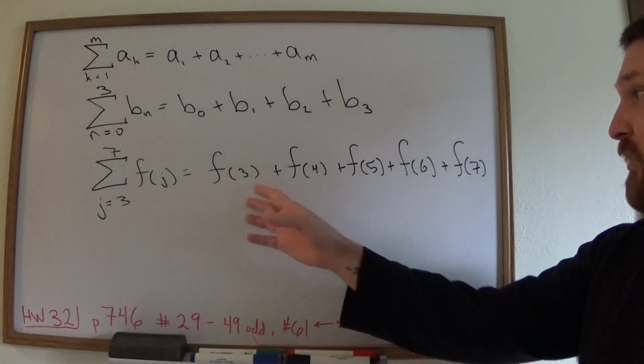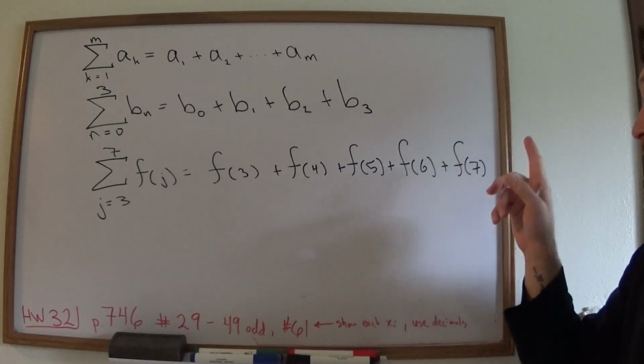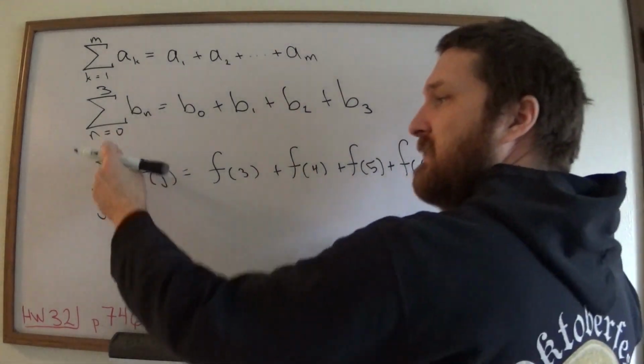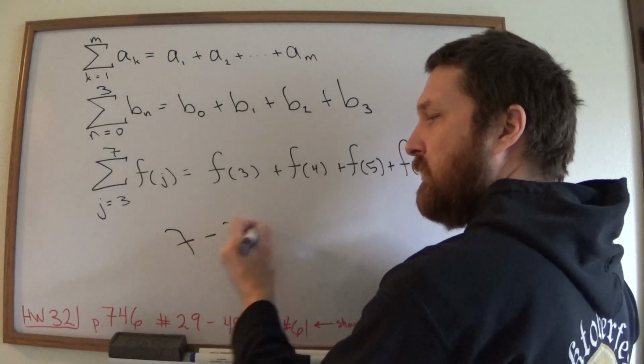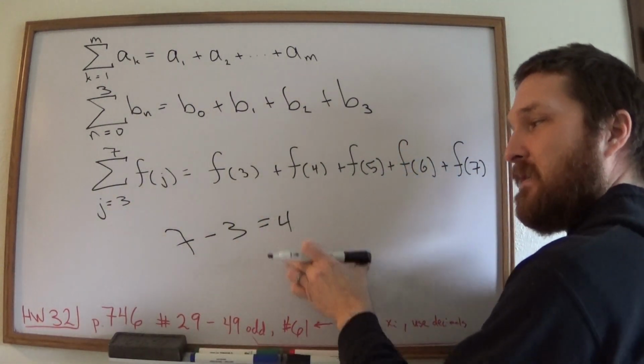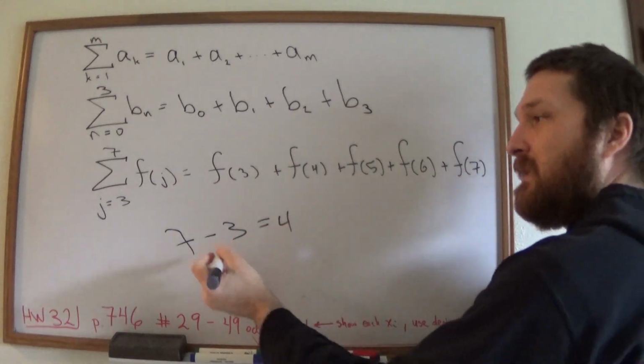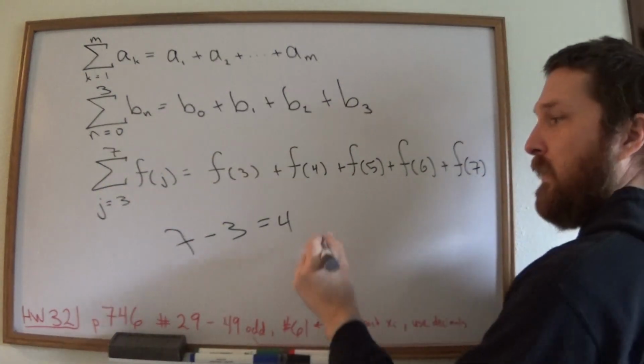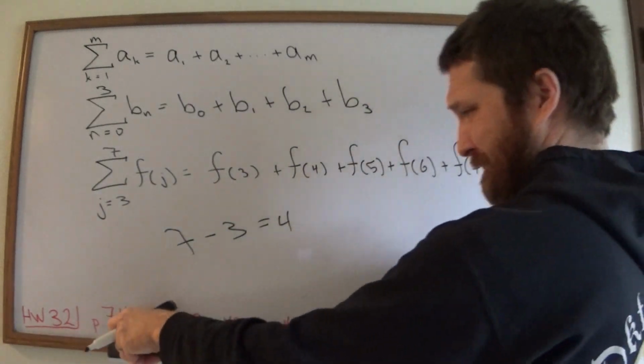Again, the total number of terms here is 1, 2, 3, 4, 5. And you think 7 minus 3 is 4. But you're including the endpoint. So it's not just the difference, right? The total number of these is that minus that plus 1, 5. But anyway, we'll talk about that in a second.